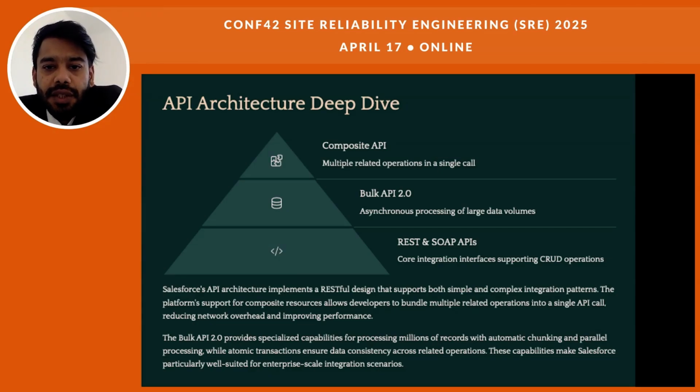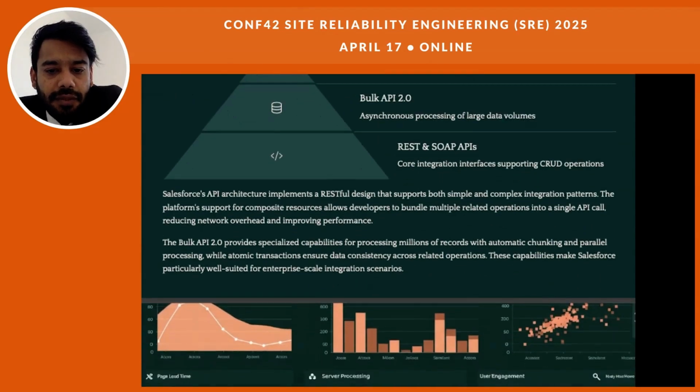So this is where Bulk API comes into the picture, and we can use this method to transfer huge amounts of data. When we talk about large volumes, this is the technique that comes into the picture. And then REST and SOAP APIs: as and when data gets created and it has to be synced with the other system, that is when the REST and SOAP APIs come into the picture. So that is the high-level architecture of APIs in Salesforce.